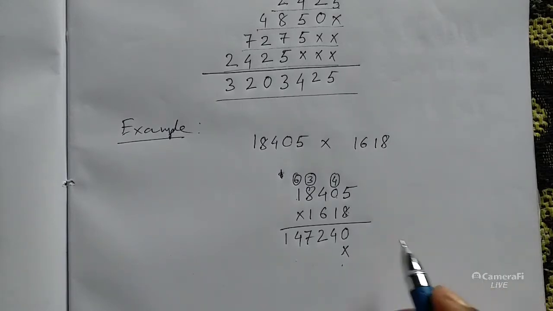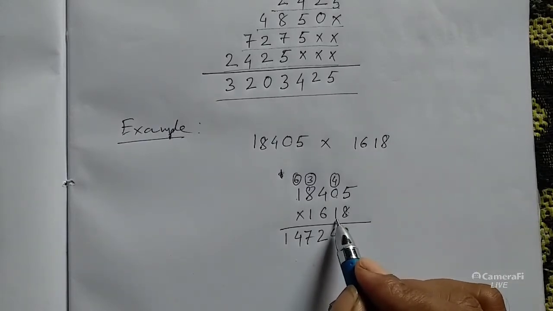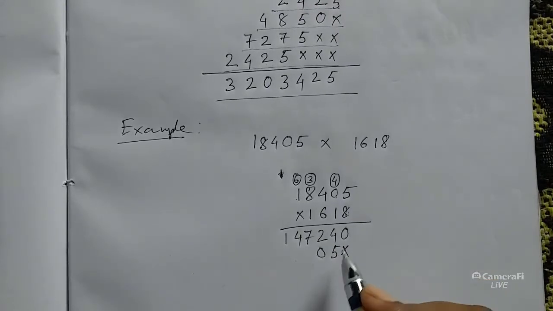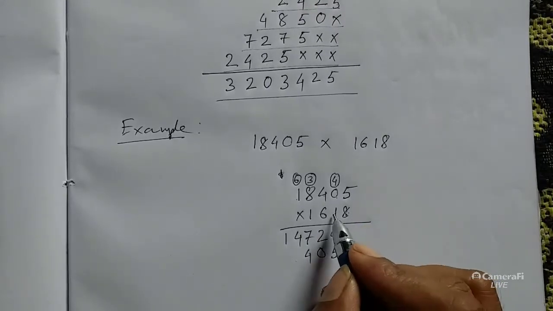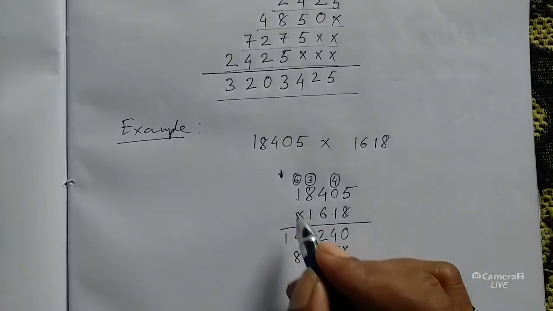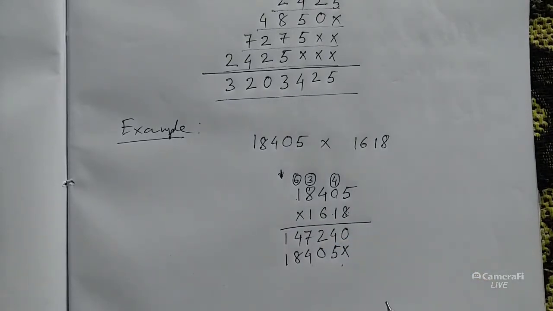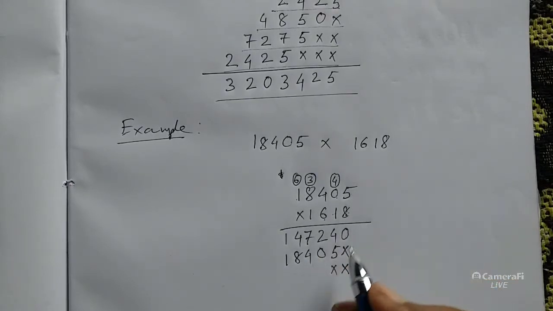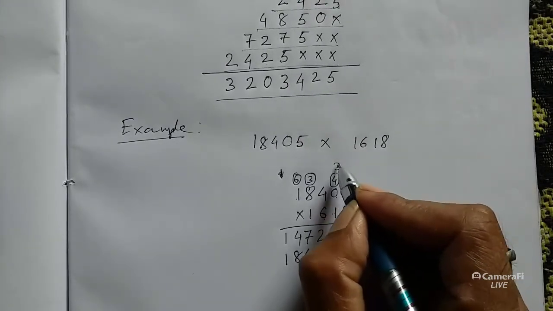Then 1 cross sign. Now multiply by 1. 1 5 is 5. 1 0 0. 1 4 is 4. 1 8 is 8. 1 1 1. Then for the next step we will give 2 cross signs. Now with 6. 6 5s are 30, 0, 3 carry for here.